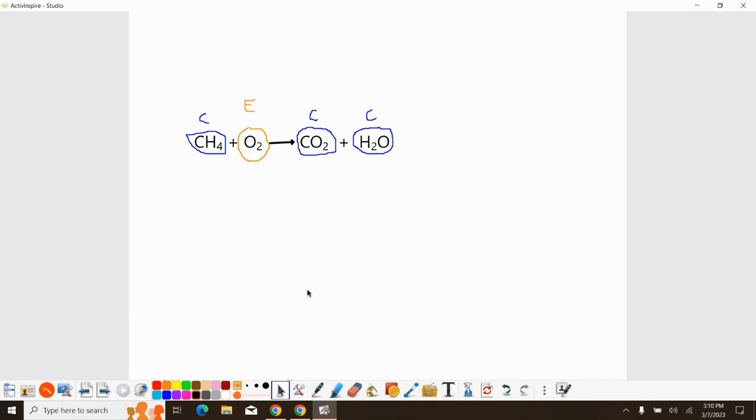The key to identifying one of these, if we take off all of the writing here so I can highlight, is that they will always have oxygen, carbon dioxide, and water in them.